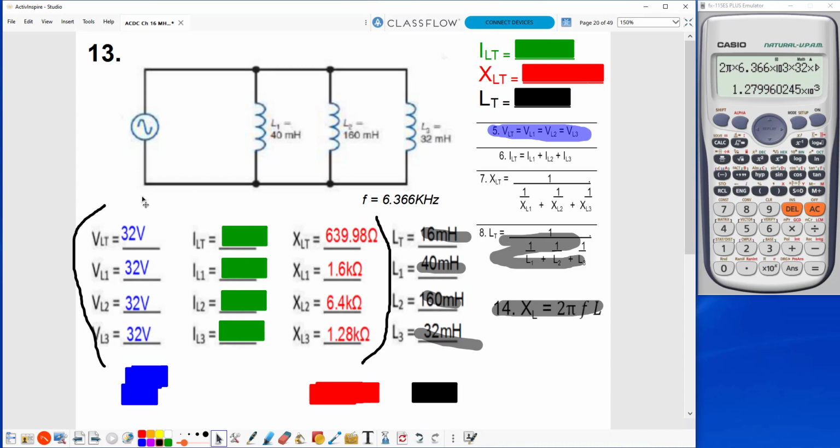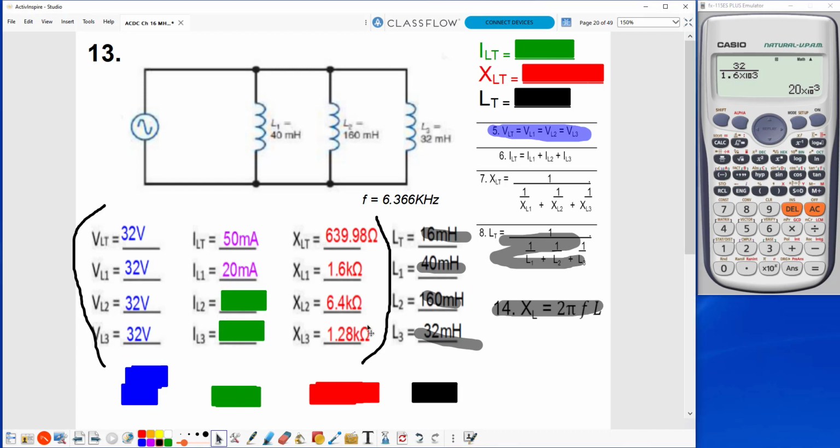So ILT will be equal to VLT divided by XLT. So I've got 32 volts over 639.98, giving me 50 milliamps. I'll change the 639.98 to a 1.6K, and that will give me 20 milliamps.